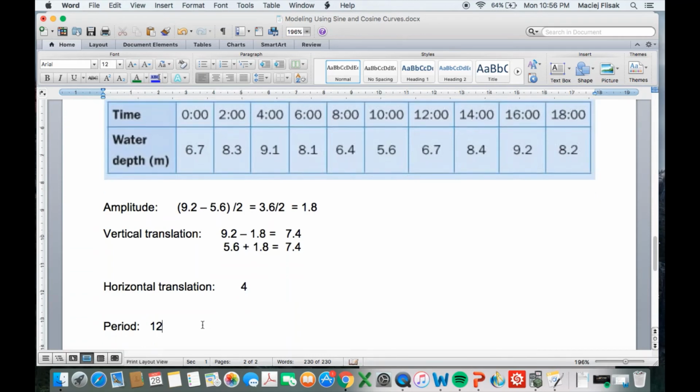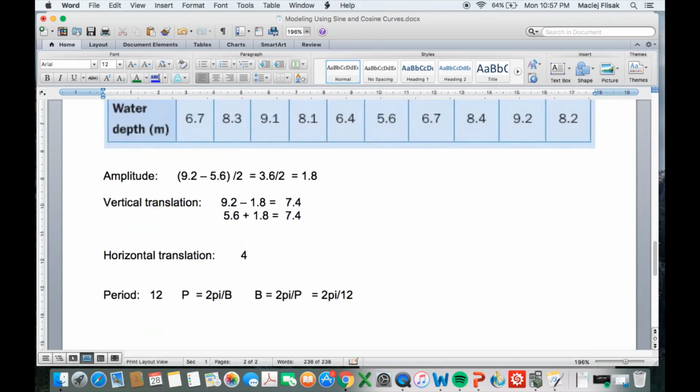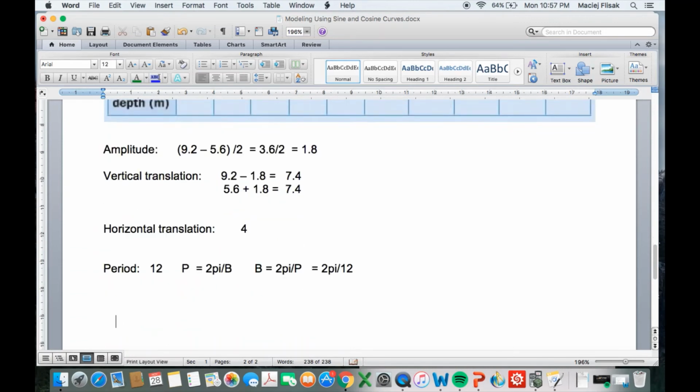All right, and then remember, when we have the period, we know period equals 2 pi divided by b. So if we want b, that is 2 pi over the period. So b must be 2 pi divided by the period, which is 12. Really important that you can do that calculation there. So the model in this case, regular model, is cosine x.